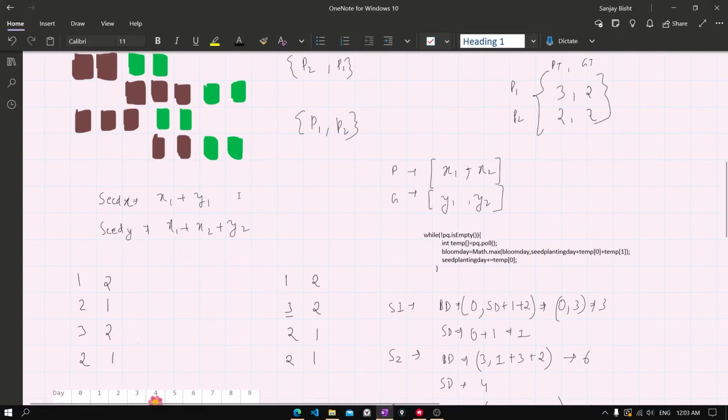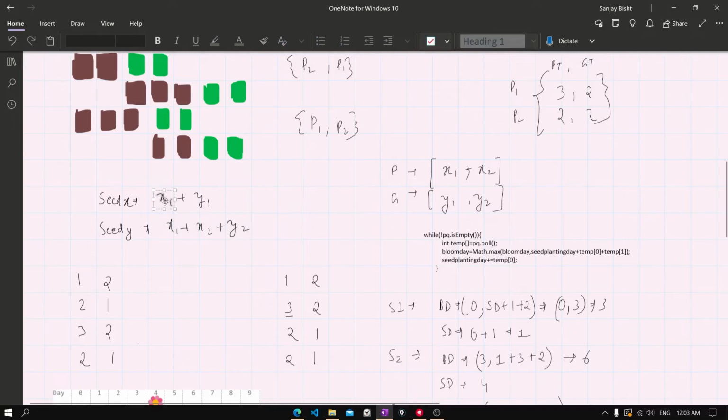If we have two seeds, s1 and s2, with plant times x1 and x2, and grow times y1 and y2, then the time for completing seed one will be x1 plus y1, but for completing the second element it will take this amount of time.